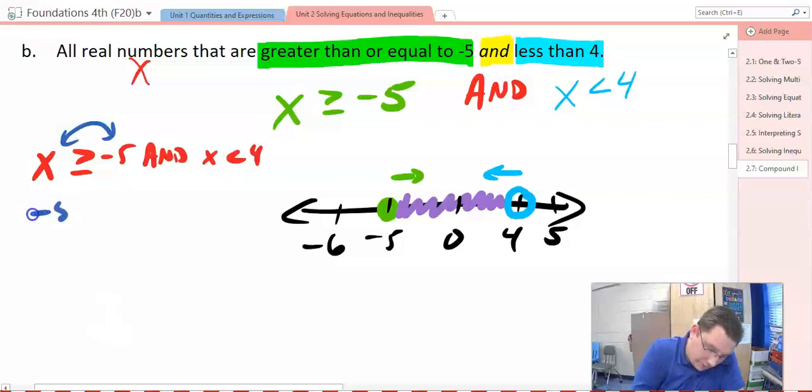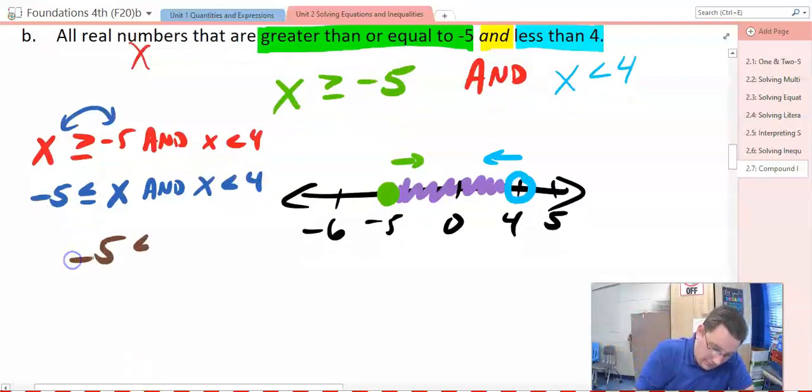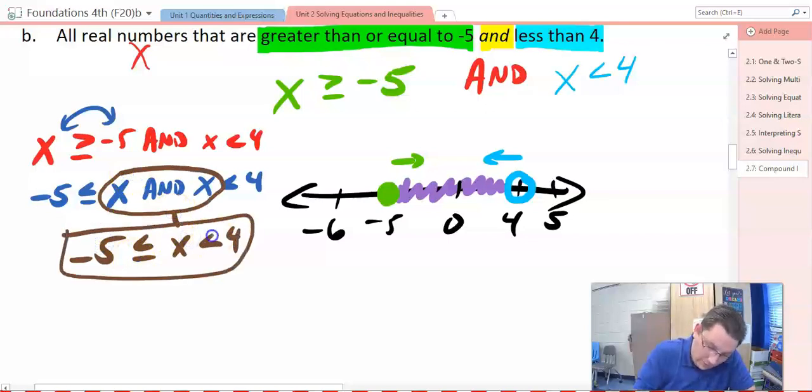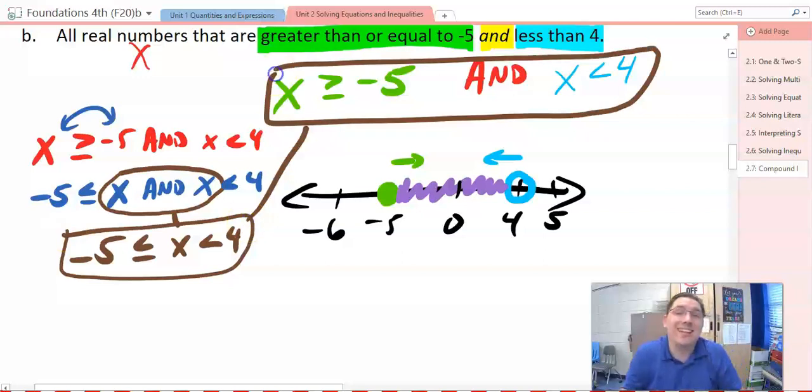And so I can rewrite this as -5 is less than or equal to x, and x is less than 4. Now, we're going to take this and smush it like a sandwich, because now I've got these x's in the middle, right? We're going to smush it together, and I'm only going to have one x in the middle. And so it's going to be -5 less than or equal to, all of this is going to smush together and just become an x. And then I've got the less than 4. And so this statement and this statement are the same.